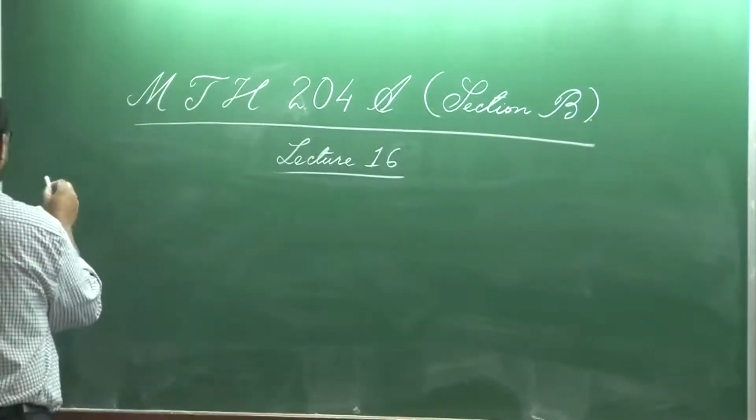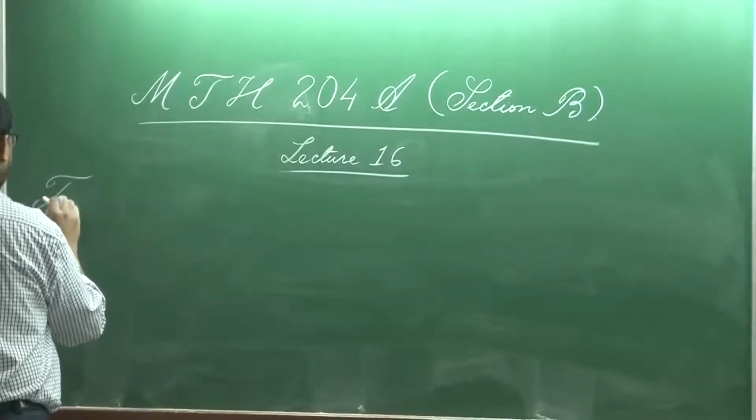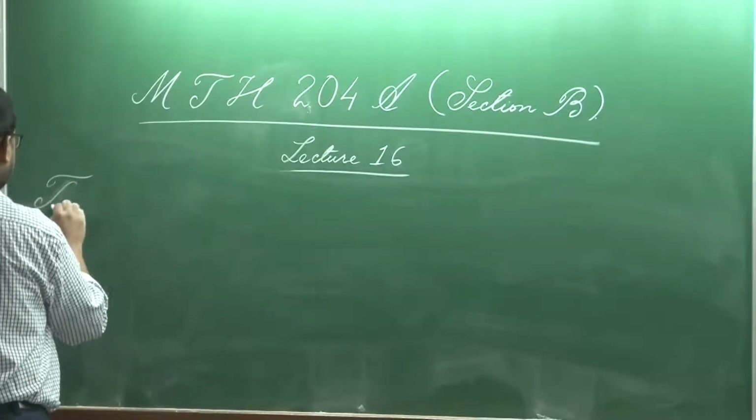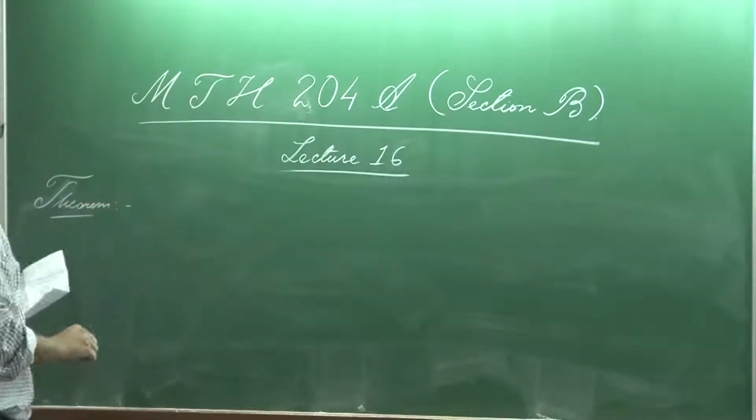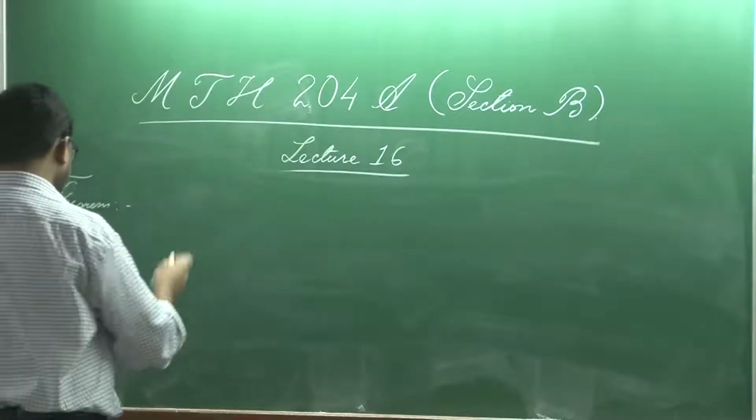So what we are going to prove is a general theorem on isomorphism of semidirect products. In fact, this is an exercise in the book of Dummit and Foot.